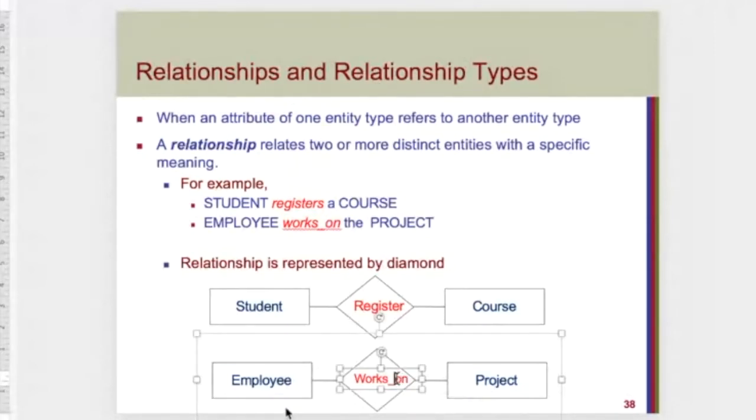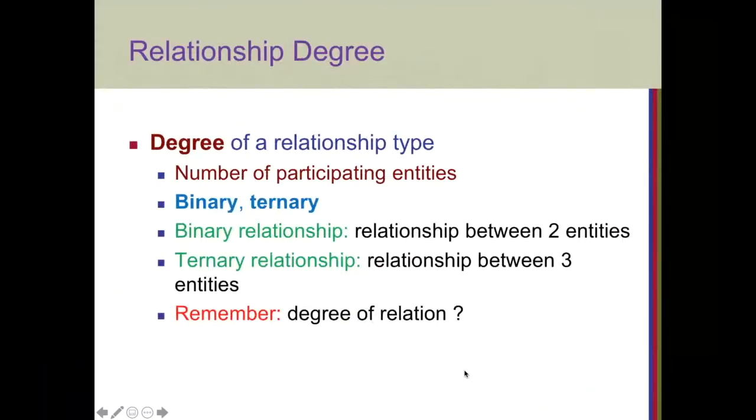We connect them through their relationship, and a relationship is always shown in a diamond. So a diamond means this is a relationship. Okay, so it was simple.